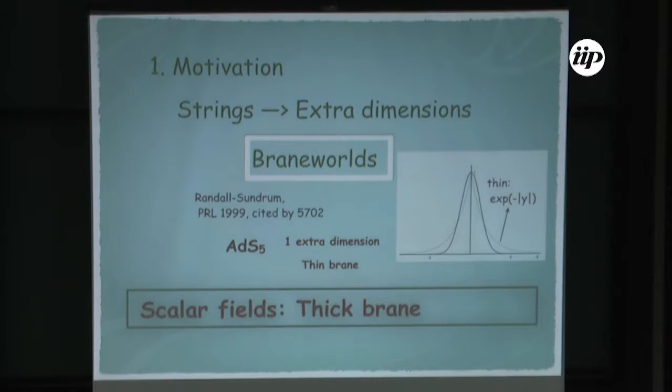Another motivation, for branes, for Braneworld, is motivated by string theory, the presence of extra dimensions. In the second paper by Randall and Sundrum, the extra dimension is infinite. The first work is what we call the thin brane scenario, which is this one here.